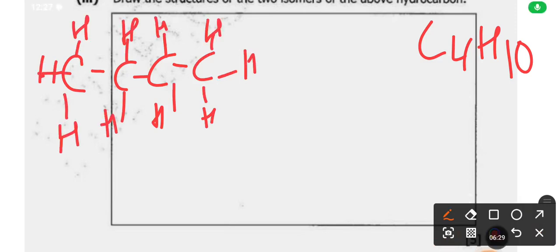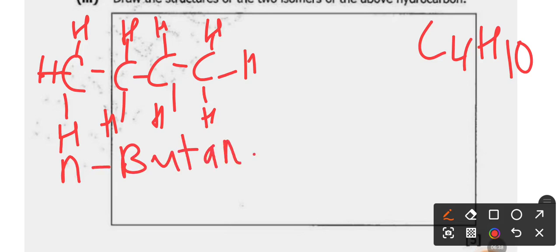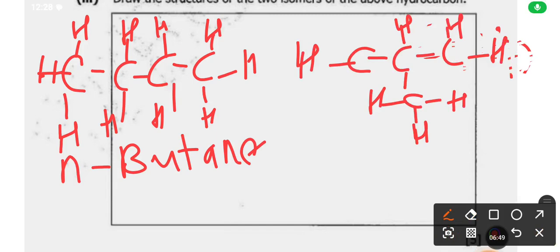The name of this isomer is called normal butane. Just write normal butane. And the other isomer of butane looks something like this.